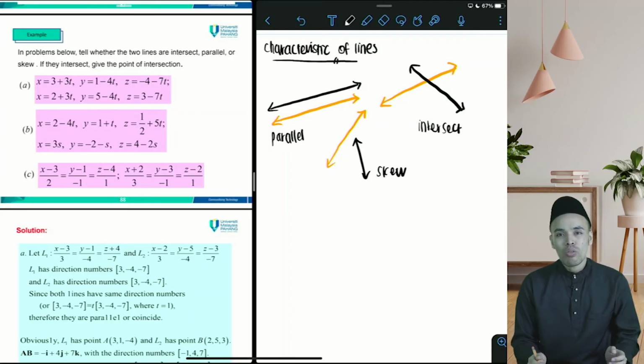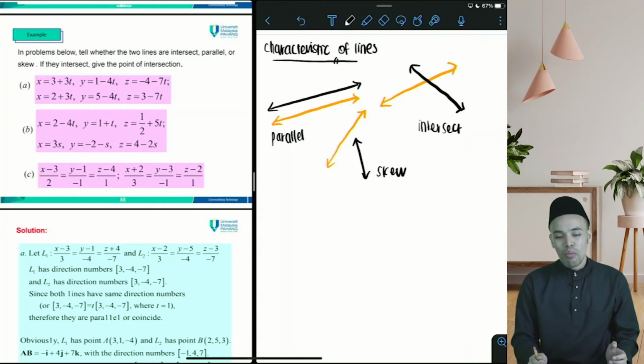Before this, we discussed how the vector equation of a line is formed and how to solve problems related to a line. But this time around, we would like to study the characteristics between lines in a coordinate system. In a two-dimensional coordinate system, lines can either be parallel to each other or intersect with each other. When it comes to lines in a three-dimensional coordinate system, there are three possible cases that you need to consider.